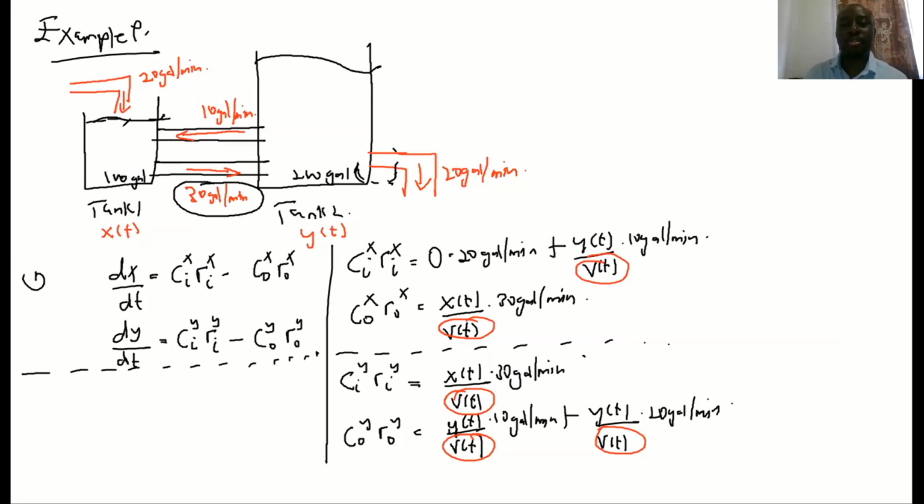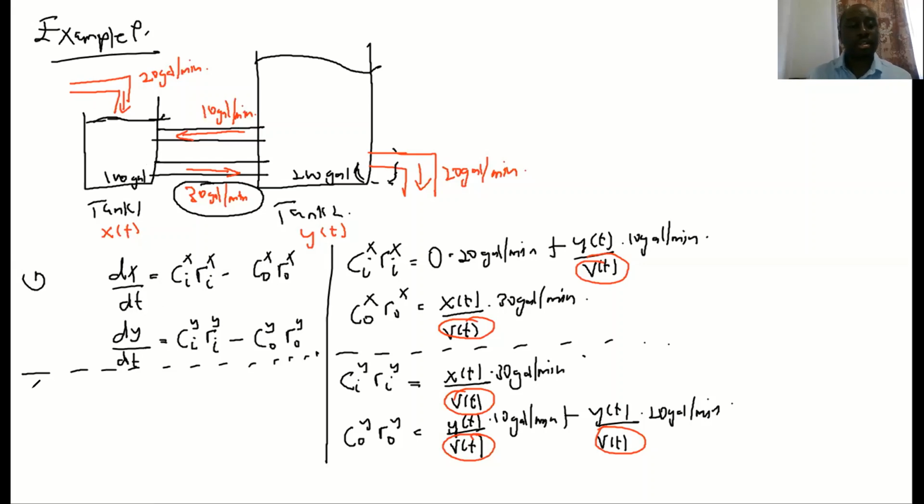And so the volume of brine in tank 1 is going to stay constant at 100 gallons, because we are losing as much as we are gaining. Then in tank 2, every minute we are losing 10 gallons to tank 1 and 20 gallons outside, a total of 30 gallons, and we are gaining a total of 30 gallons from tank 1. So the volume of brine in tank 2 will also stay constant.